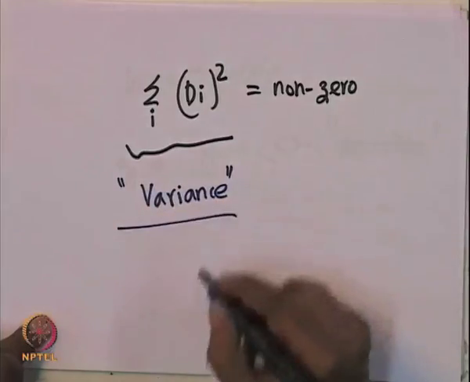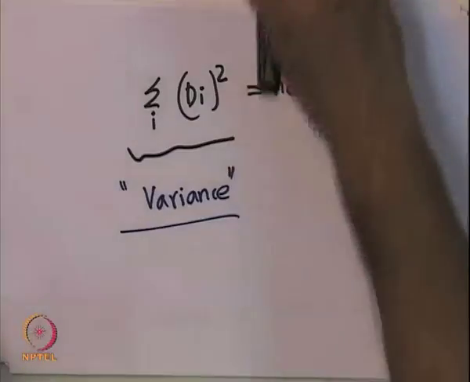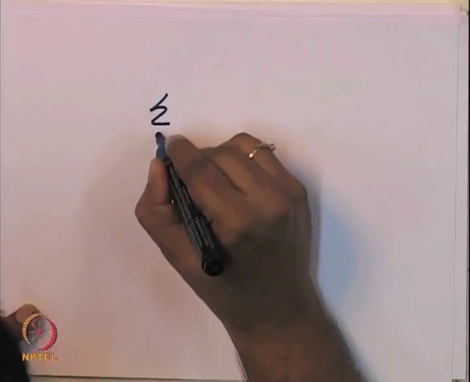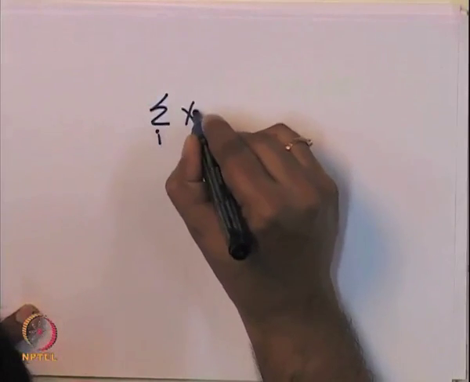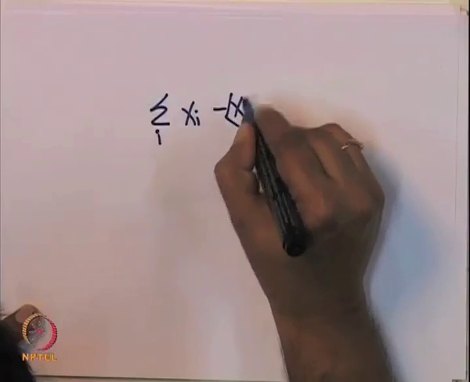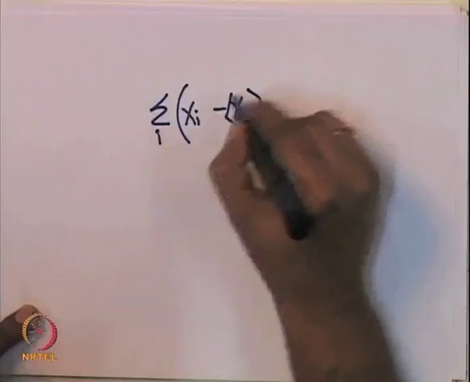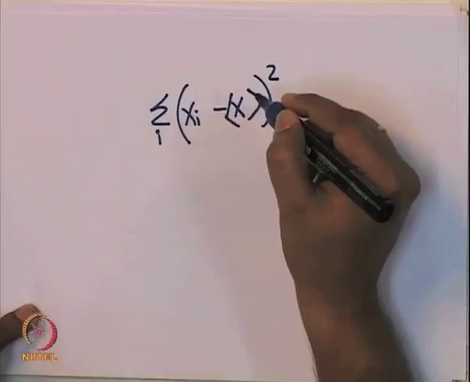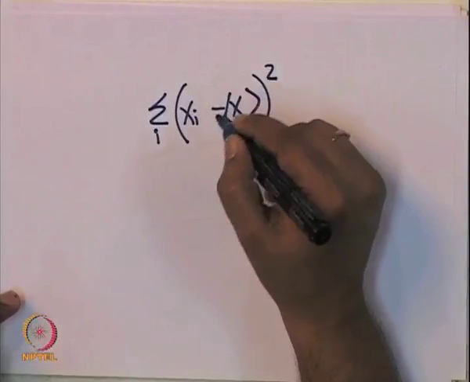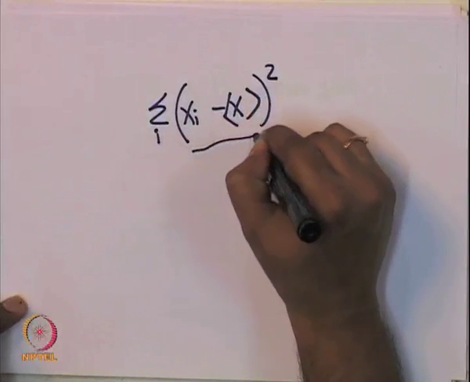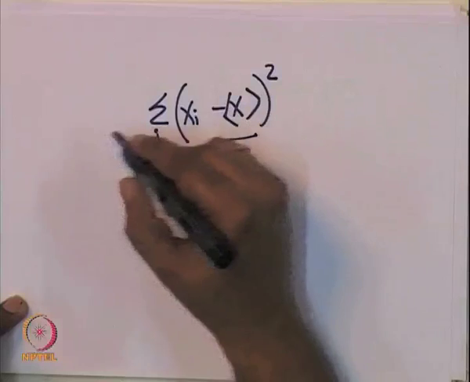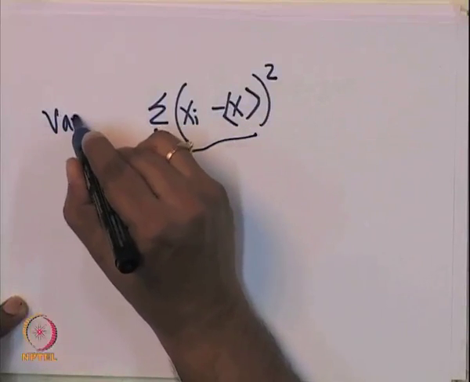Variance is nothing but the sum over i of xi minus x average, which is your deviation, squared. You square the deviation and average it, and this is called variance.